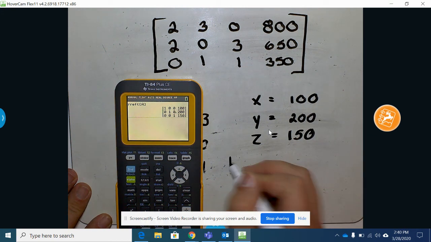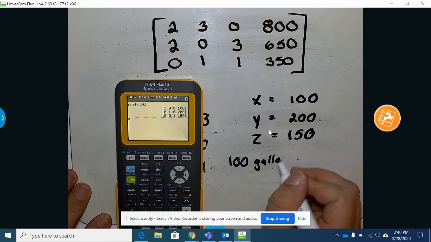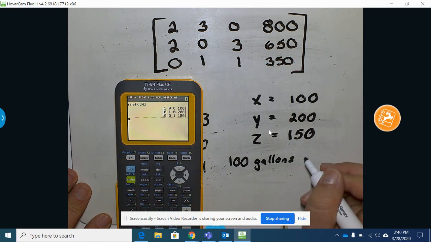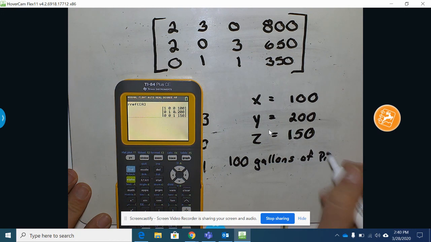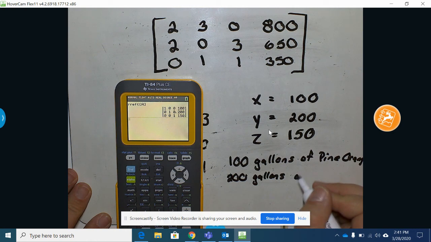Well, that means that we are going to have 100 gallons of pine orange. We are going to have 200 gallons of pine kiwi.